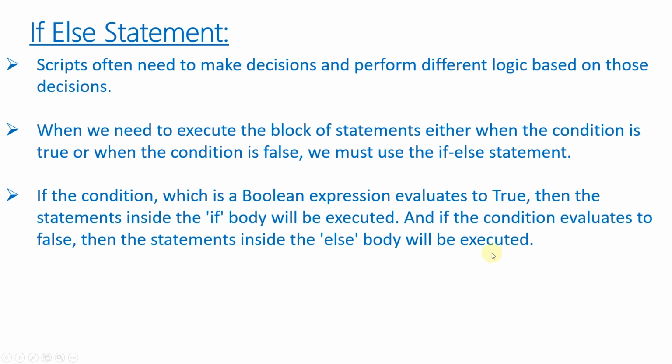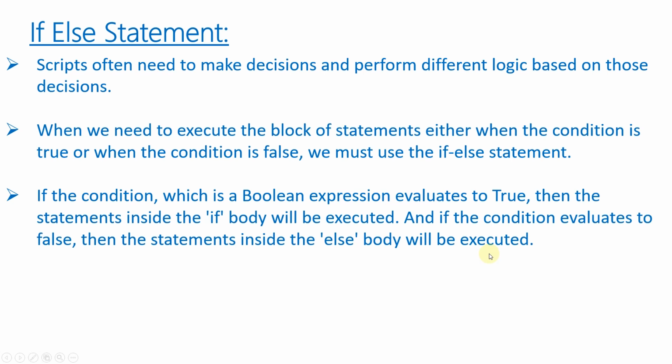So if we don't have else if, in that case the else body will be executed, or if we have else if, then again the expression will be checked in else if, and if it comes true, then the body of else if will be executed. If it comes false once again, then either it will go to the next else if statement, if any, or it will execute the else part.